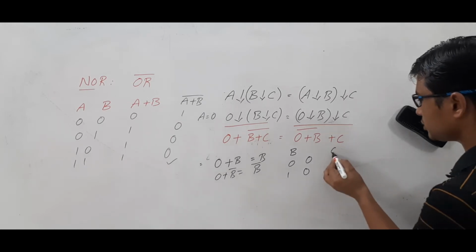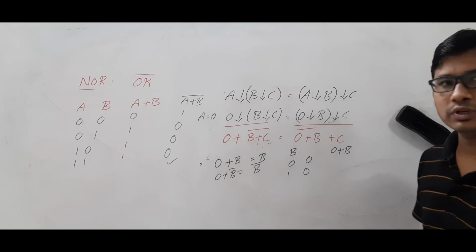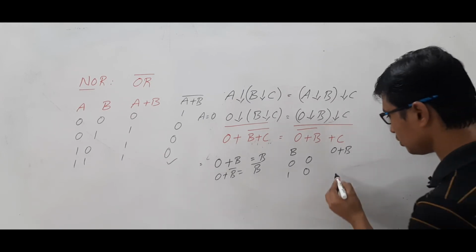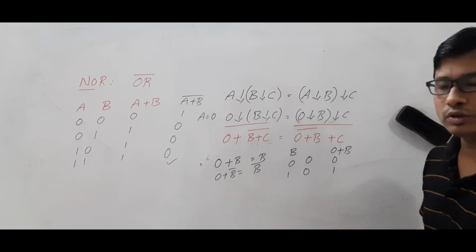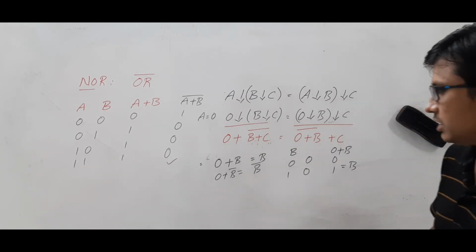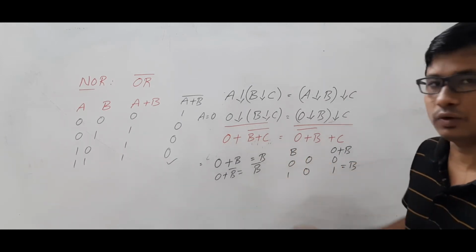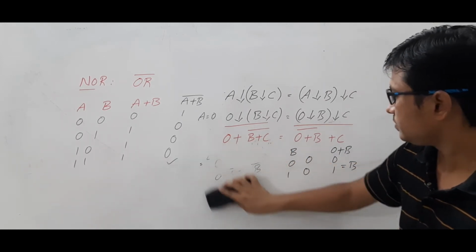If I perform 0 OR B, what is OR? If any one of the inputs is 1, you will get the output as 1. So this will be 0, 1, which is equal to B. Will you understand it or not? So 0 OR anything, you will get the anything only. Is it clear?